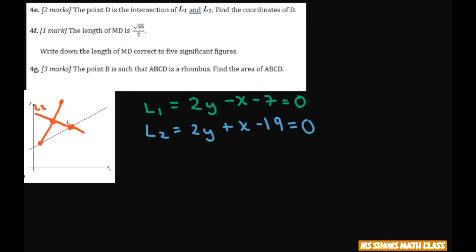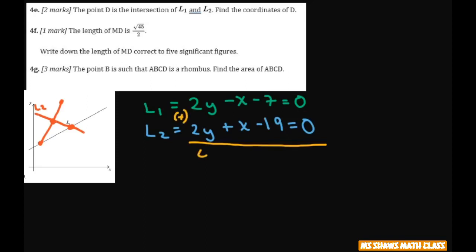So we know line 1 equals 2y minus x minus 7 equals 0. And line 2 equals 2y plus x minus 19 equals 0. You can do it in the calculator, or we can just do this algebraically by adding these two.